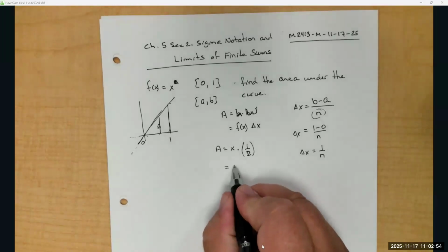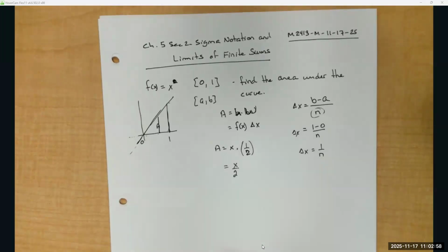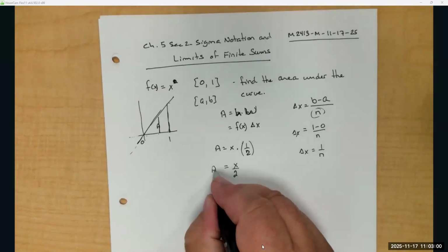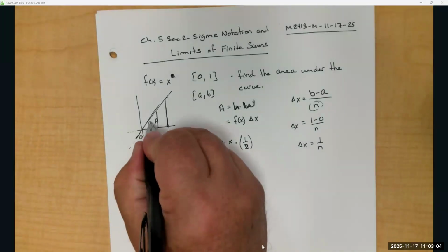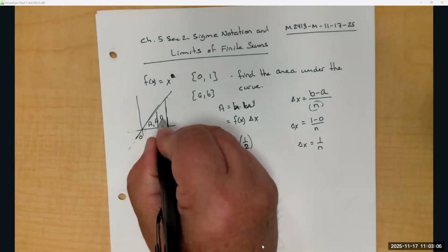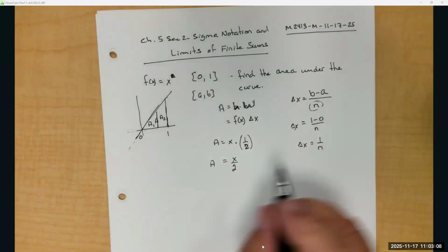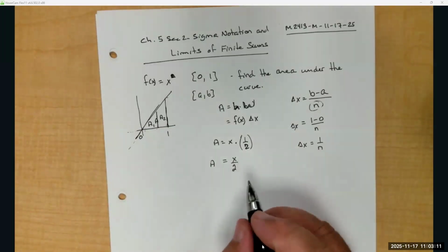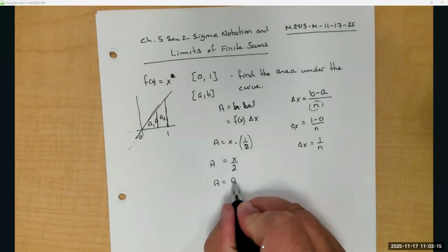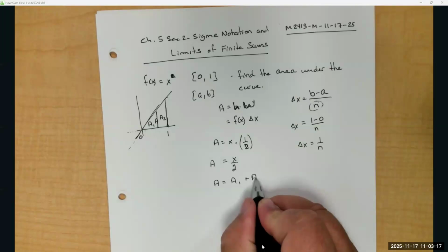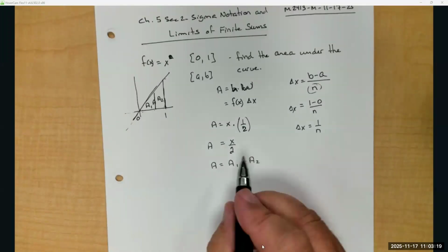So our formula for the area, for each segment, we have two segments in there. We have the first area and the second area. So area 1 plus area 2.